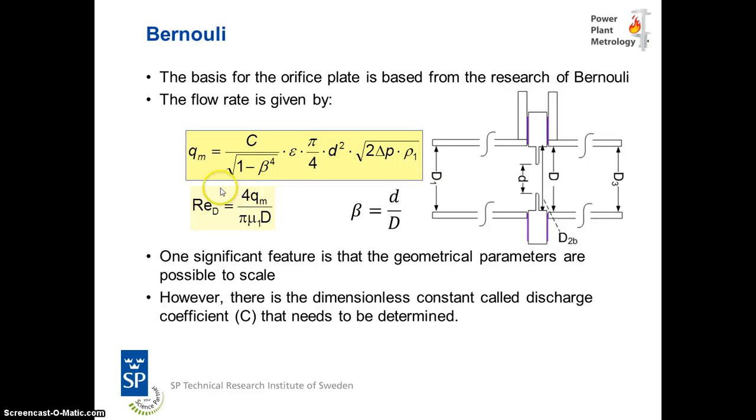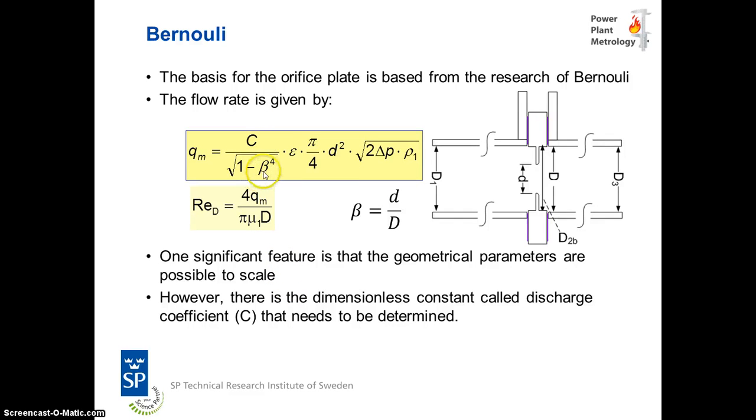The Reynolds number is a number that is normally used when you describe flow conditions, and the Reynolds number depends on the pipe diameter, the flow rate and the viscosity. And this discharge coefficient is a really important factor.